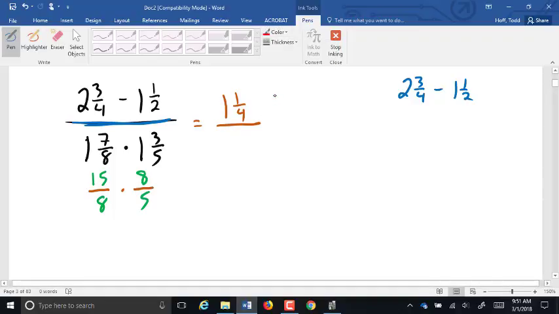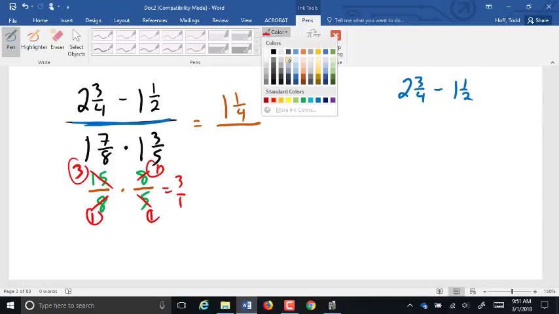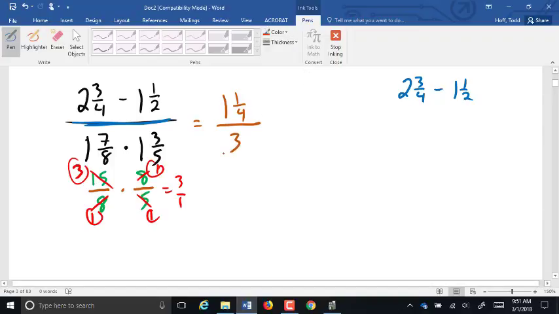Now, of course, we can do some cross canceling. The 8's cancel. Both divide by 8 to give me 1 and 1. 15 and 5 will cancel. Both divide by 5 to give me 1 and 3. What we have here is 3 times 1 is 3. 1 times 1 is 1. 3/1, or just 3.